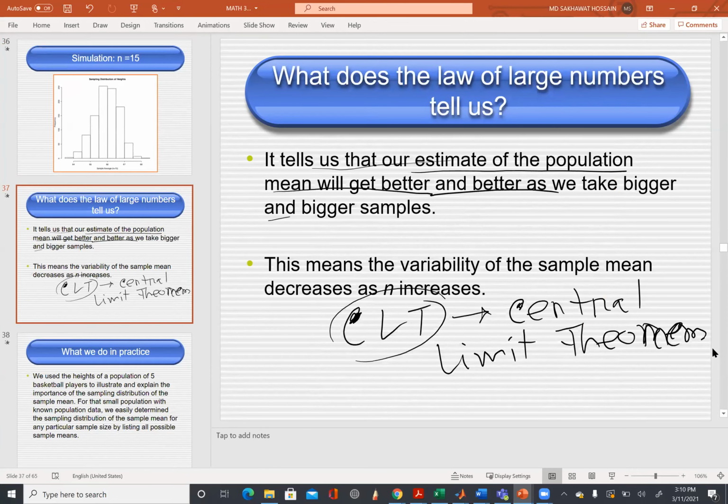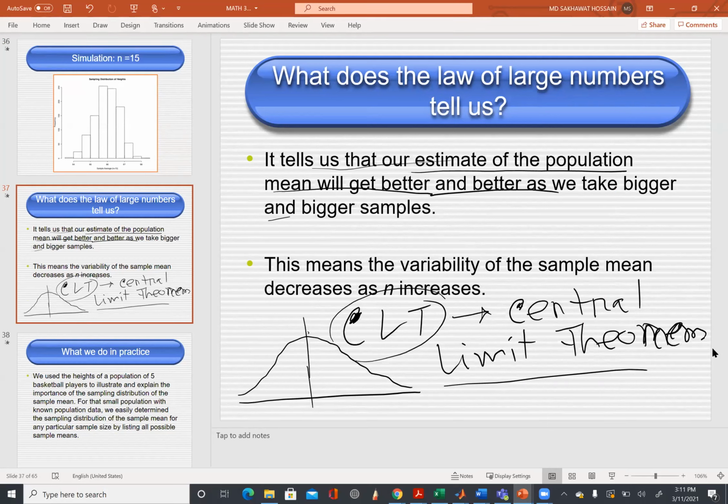This theorem says that if n is large, then the sampling distribution for the mean will be bell shaped and close to normal. When n becomes larger and larger, the distribution will become normal.